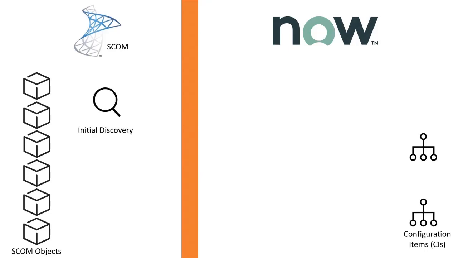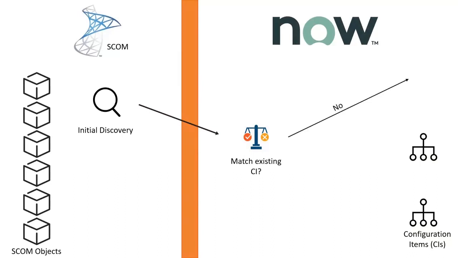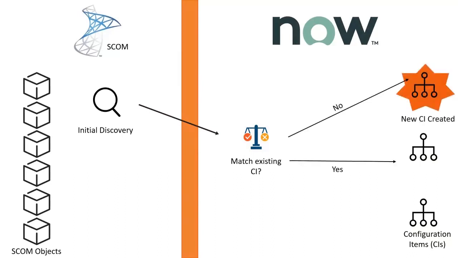So when we are installed, we perform an initial discovery. We scan your SCOM objects based on rules you configure and match your SCOM objects against rules to see whether they match existing configuration items. If they don't, we create them. And if we do, then we update existing CIs.